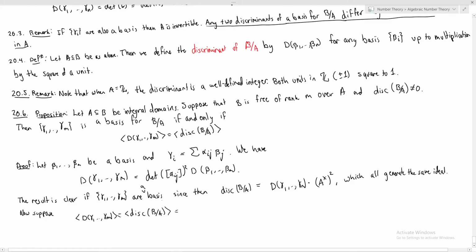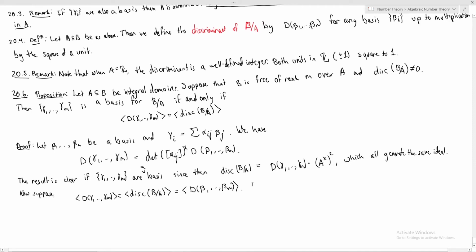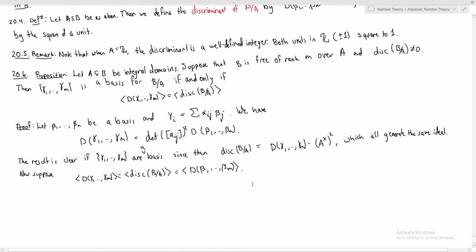Okay, and again, since this is a basis, this is just the same as the ideal generated by the discriminant of these guys. Okay, so if these two things generate the same ideal, what does that mean?